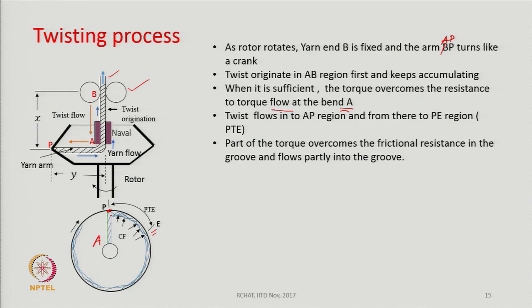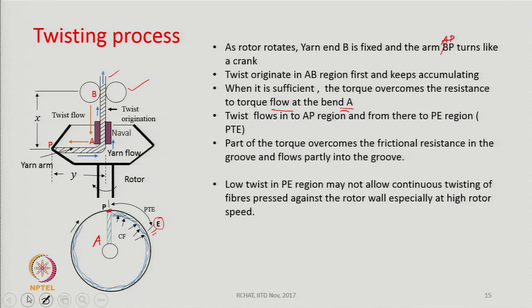So, the twisting torque flows from point P to a certain distance along the periphery. Let us say that distance goes up to E, then P to E is a region where the fibers are partially twisted, and we call it peripheral twist extent, that is PTE, peripheral twist extent.